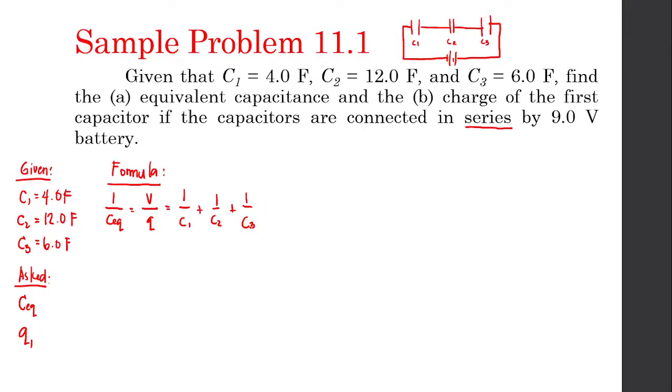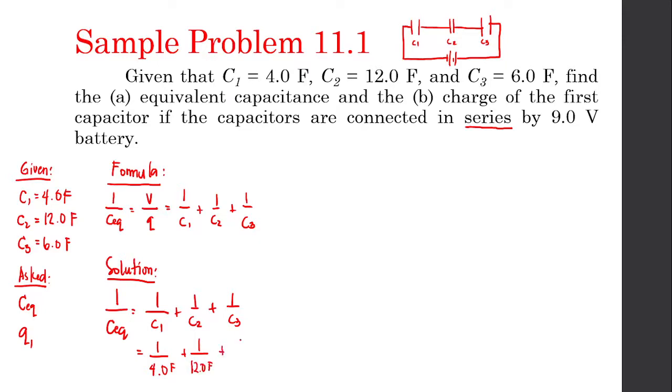But in this problem, we only have 3 capacitors. So let's solve for the equivalent capacitance. We know that 1 over the equivalent capacitance is equal to 1 over C1 plus 1 over C2 plus 1 over C3, which is equal to 1 over 4 farad, not 40, 4, plus 1 over 12 farad plus 1 over 6 farad.